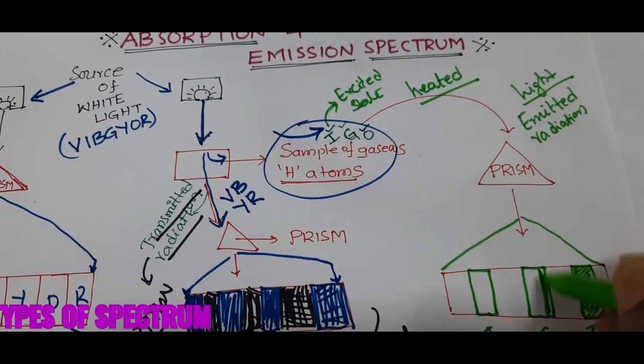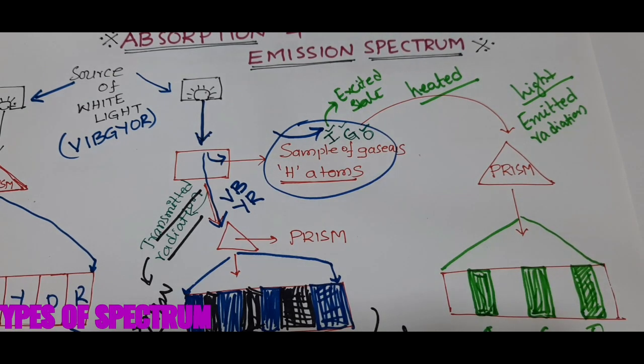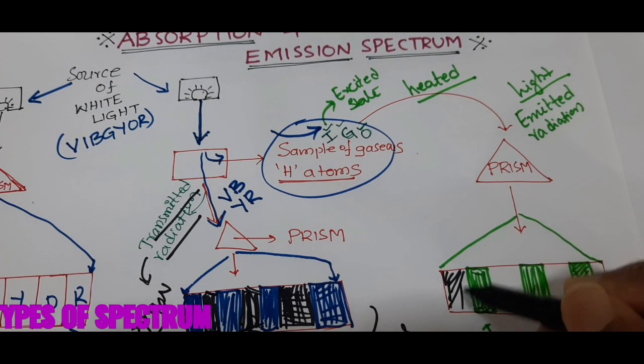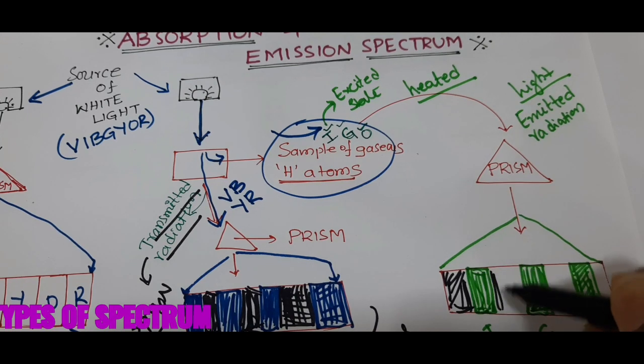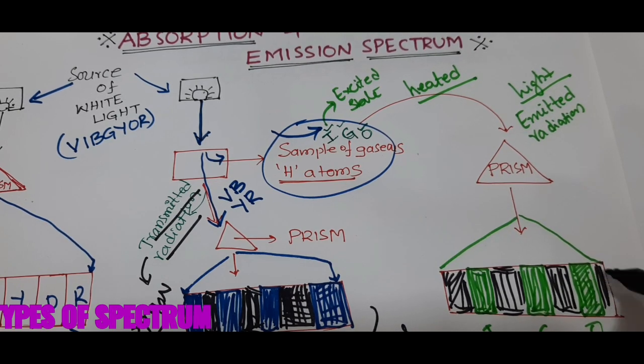So these areas are bright in color, the remaining areas are dark in color because the photographic plate is black in color, right? So this area is dark, this area is also dark, this area is also dark, this area is also dark, right?